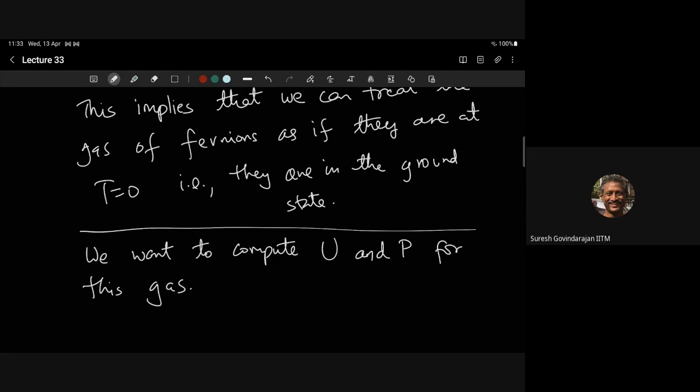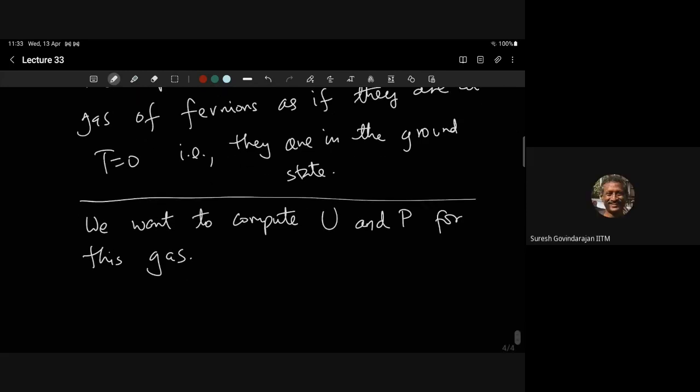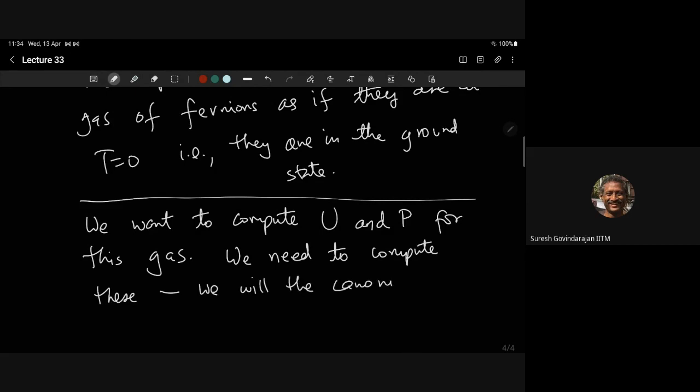I say we cannot. Why? Because we are working in the relativistic case. Exactly. So we need to compute these first, and we will use the canonical ensemble.